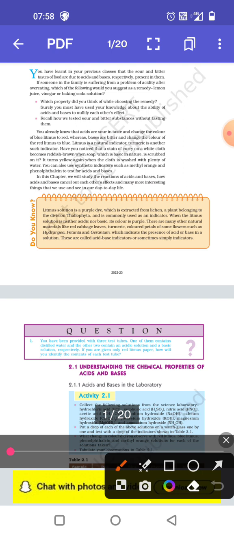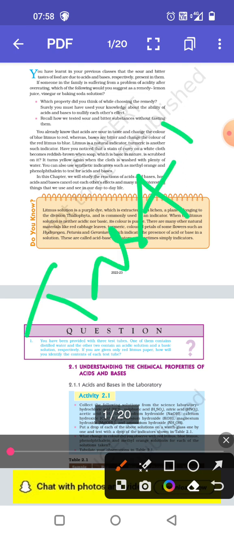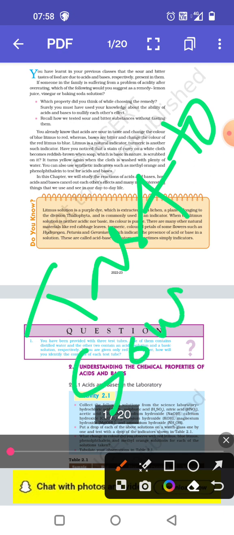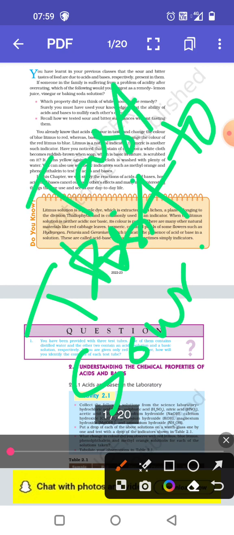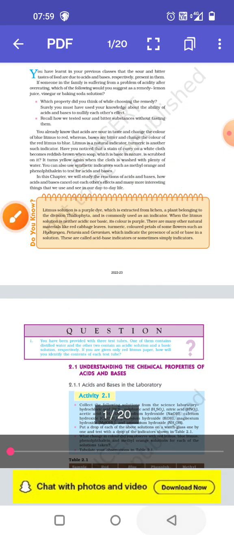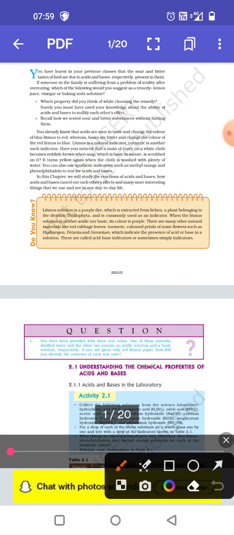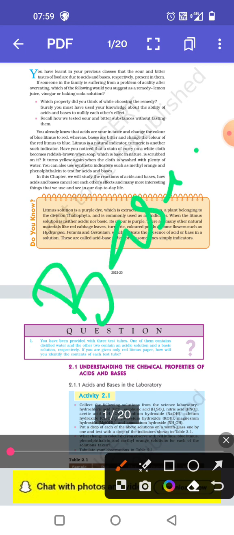If a substance is an acid, it tastes sour, or if a substance tastes bitter, then we can say that it is a base.